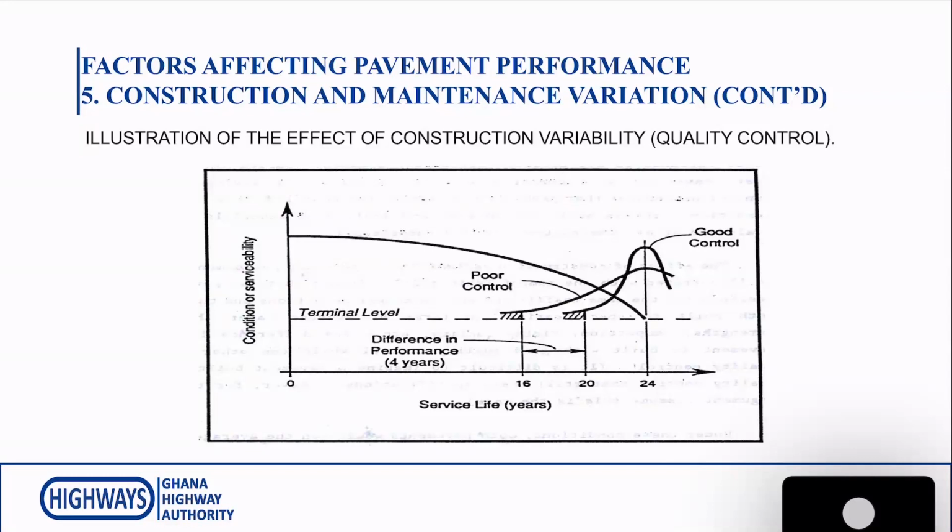For example, if you have designed a surface dressed road for 15 years, we have to know that by 7 to 8 years, when the IRI value, the roughness value, has dropped to below about 6, we have to do resealing. If we do this, it means that our pavement will meet the service life of 15 years. If we don't do that, then after 8 years, 10 years, the service life will drop and drop very, very quickly.